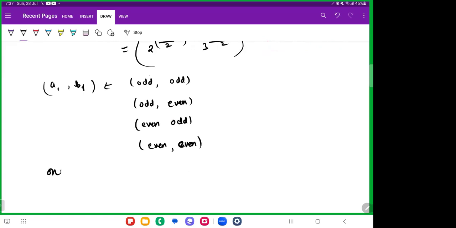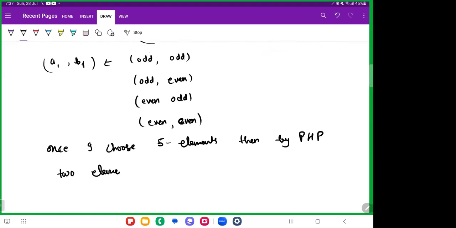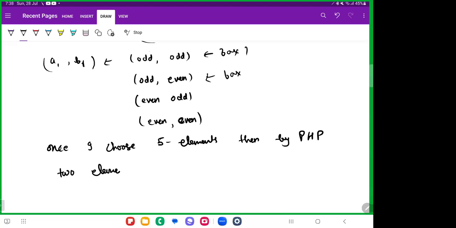Once I choose 5 elements, then by pigeonhole principle, let's say this is my box 1, box 2, box 3, box 4.